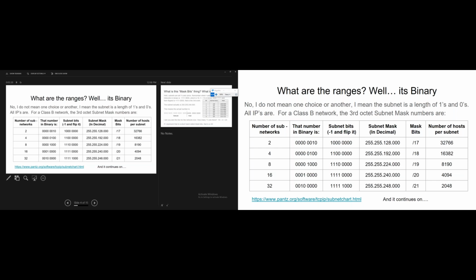Well, first off, it's dictated by the subnet mask. Just to break it down, these are what the different subnet masks are. It's not a complete list by any means, just a small sample. But what's driving this is that first column: how many sub-networks do I want? How do I know I want a sub-network?